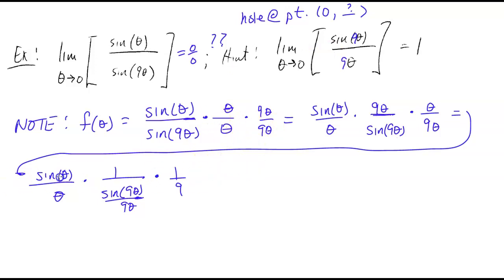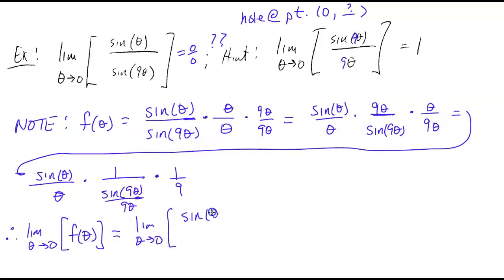So once we have that, we now have this in the form to where we can easily evaluate the limit of this particular function. So therefore, if I take the limit as theta approaches 0 of f of theta, this will just be limit as theta approaches 0 of sine theta over theta times 1 over sine of 9 theta over 9 theta times 1/9.